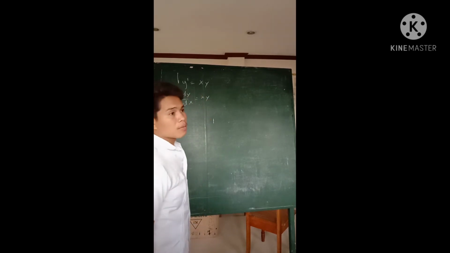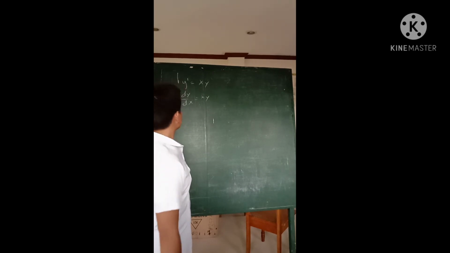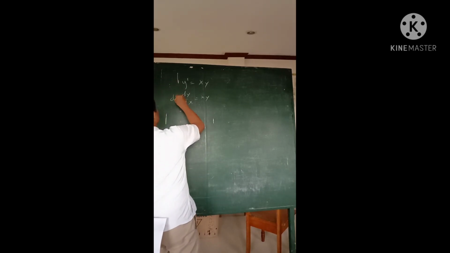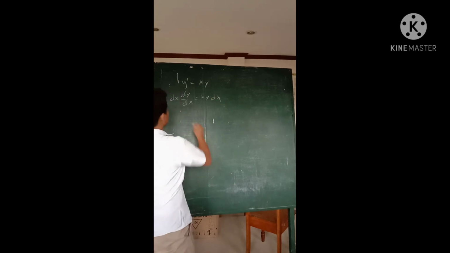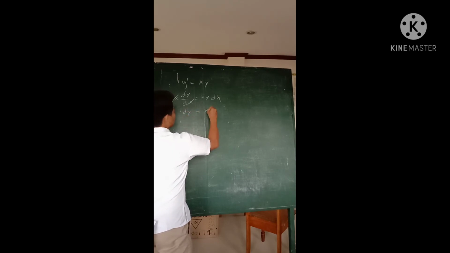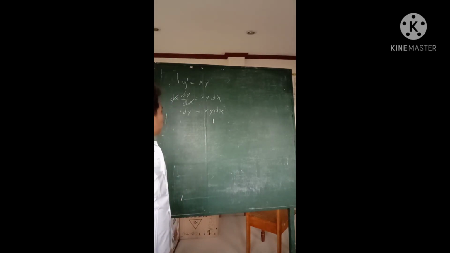Then multiply both sides by dx, so that cancels this one. So the remaining is dy equals xy dx. Then divide both sides by y.